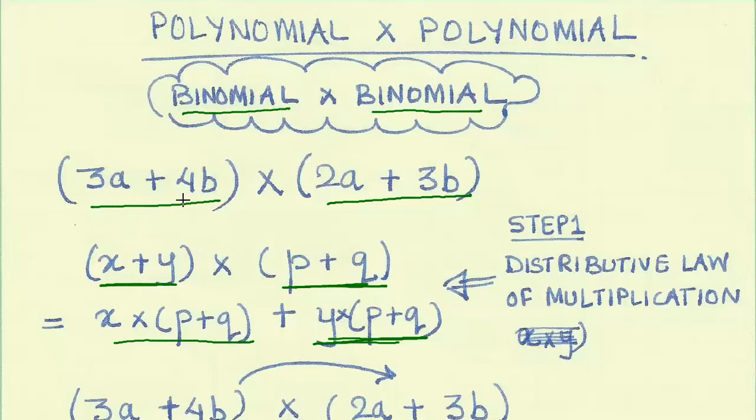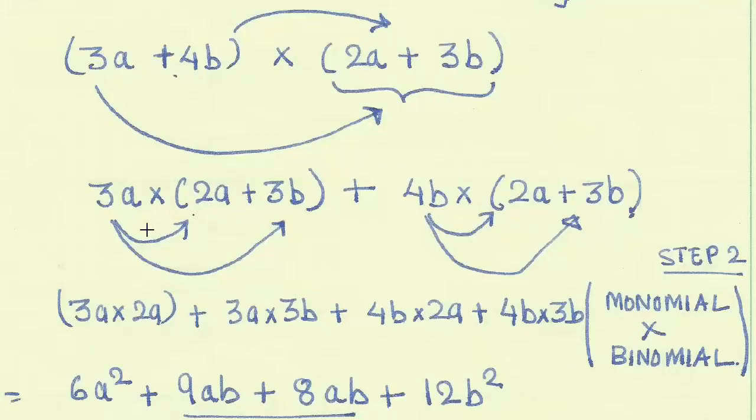We will apply this to the example given here, that is 3a plus 4b multiplied by 2a plus 3b. When we apply this distributive law, first we take 3a and multiply it by the whole expression 2a plus 3b, and in the second part we multiply 4b by 2a plus 3b.